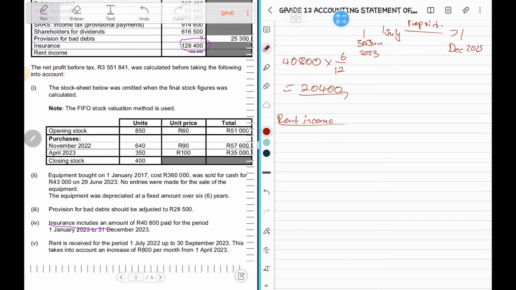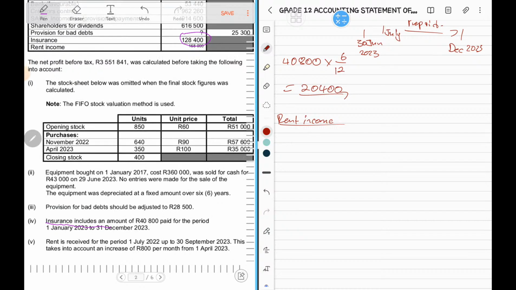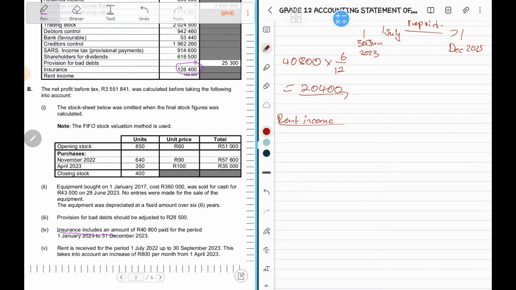For the rent income, here, if you notice, we are being told that the rent has been received for the period 1st July 2022, the beginning of the year, up until 30 September 2023. And we know that our year is starting on the 1st of July 2022, but it is ending on the 30 June 2023.